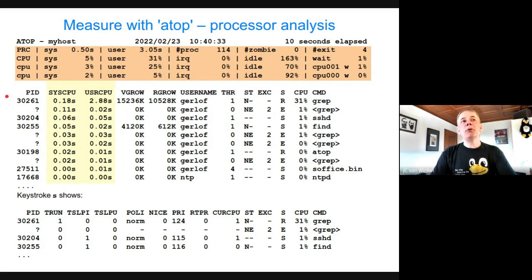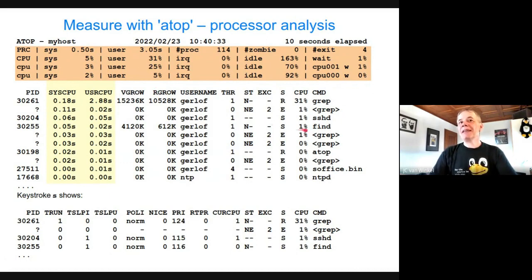Now, in the per process level, yes, we see system CPU and user CPU, and we see that there are a number of processes that have exited. Now comes the cool thing. If you were to add up all these numbers here, 2.88, 0.02, 0.05, etc., you will see that this sums up to 3.05 seconds, which is correct.